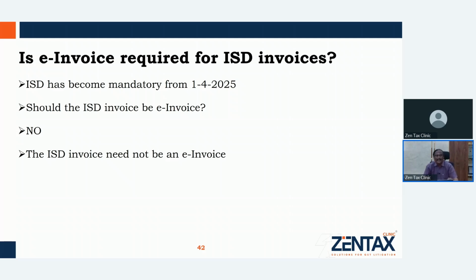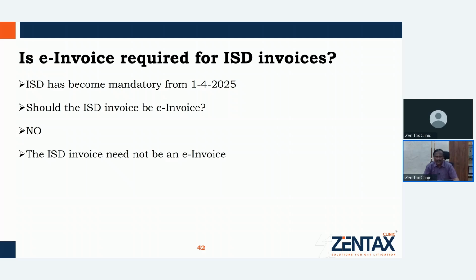Because the ISD invoice need not contain HSN, but for generation of the e-invoice, the HSN field is mandatory. So when the ISD invoice omits HSN, it cannot generate an e-invoice. So I conclude that for the ISD invoice, e-invoice is not at all required.